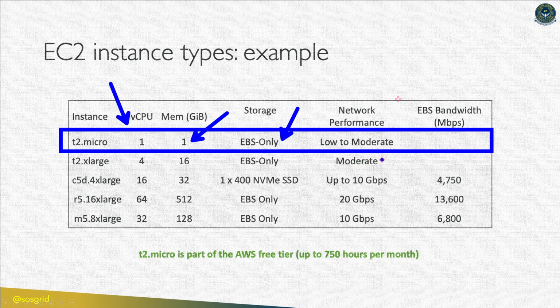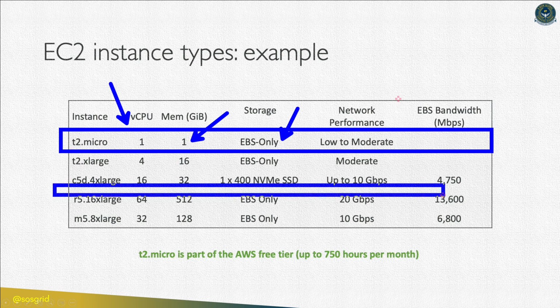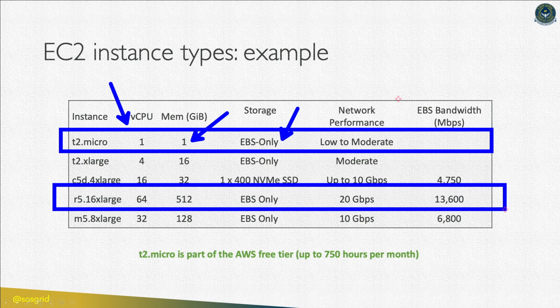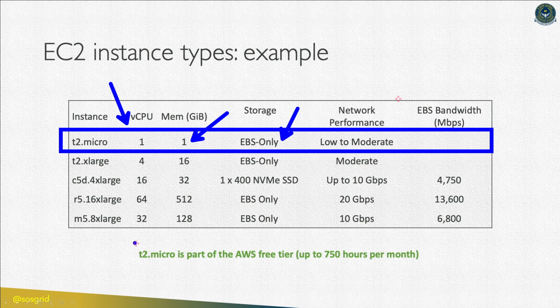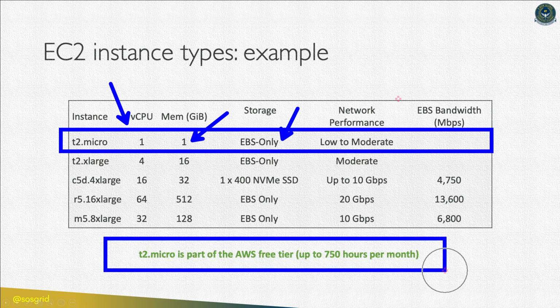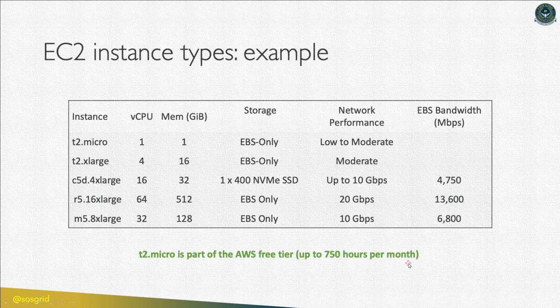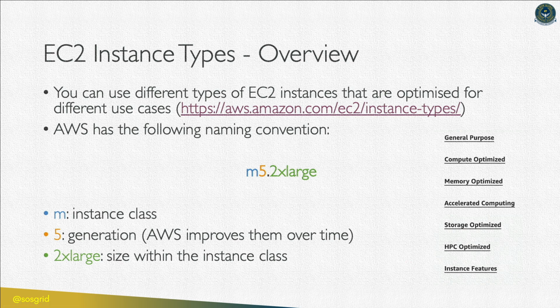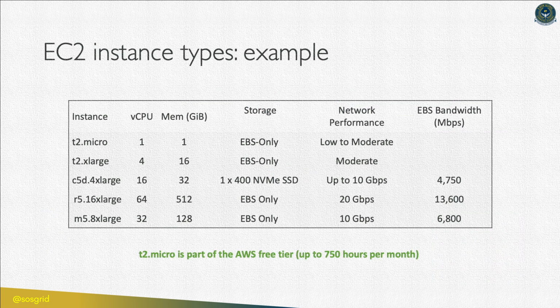And then we have the network, which is low to moderate, which is fairly okay. We have these different sizes here, so the higher the size, the more you pay. But we are going to be using the free tier in this case, which is up to 750 hours per month. That's enough for our practice. So let's get started practicing this.